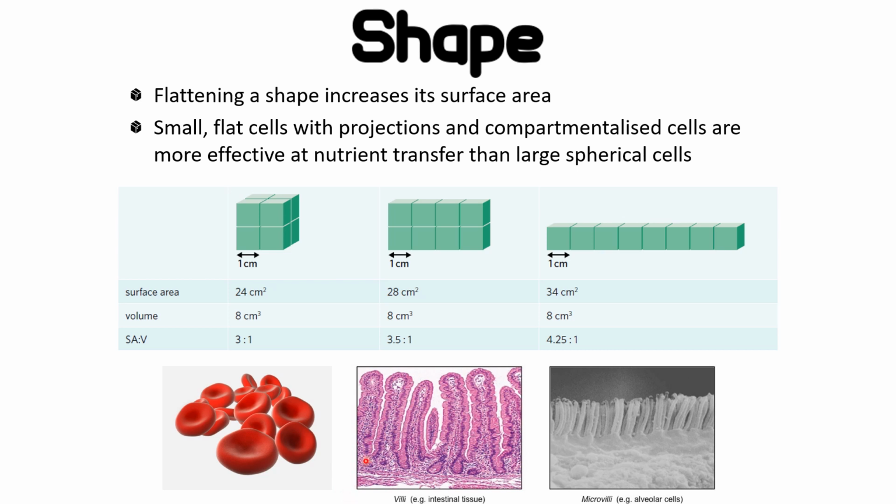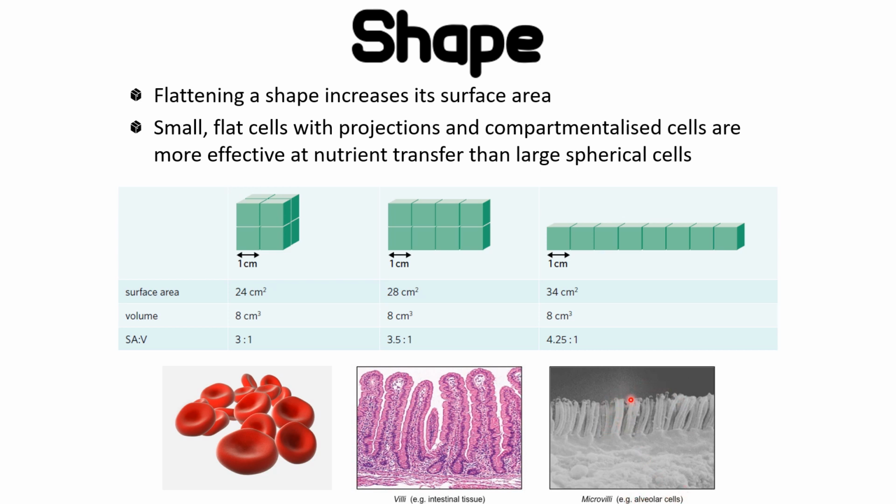We can see this in multiple cells or structures in our bodies. So this is intestinal tissue, which has these projections. This means there is more surface area, so more entry points into your intestines so that nutrients can be absorbed by your body. This is the same for microvilli in alveolar cells, so in our lungs.